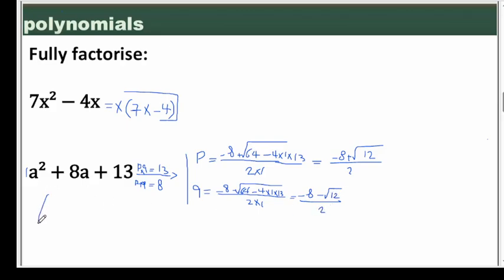So if I want to write it in factored form, I say a plus P. So a plus negative 8 plus square root of 12 over 2. And in the second parenthesis, I would say a plus negative 8 minus square root of 12 over 2.